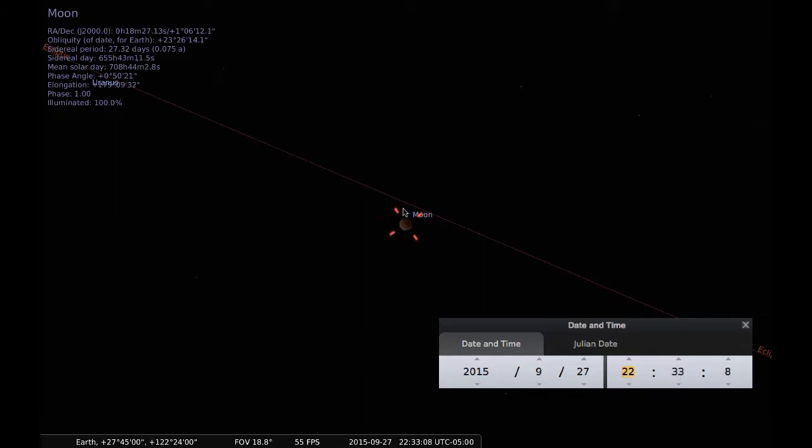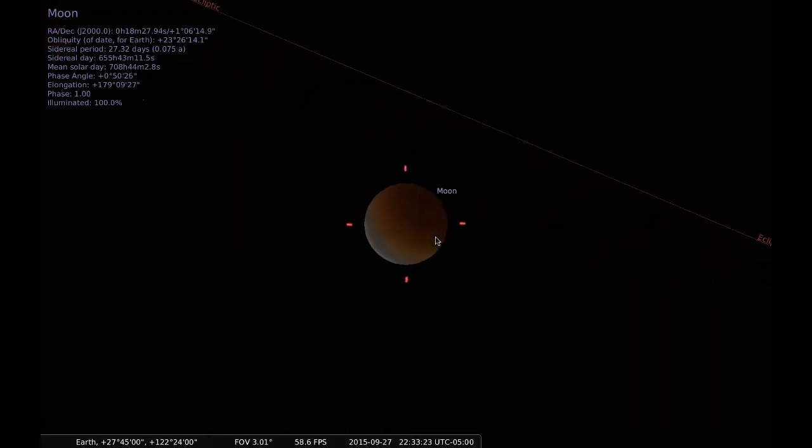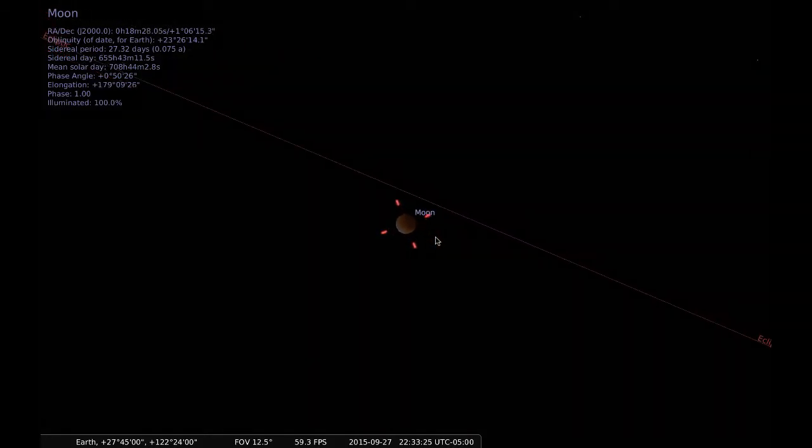This was that blood moon eclipse that we got at the end of September in 2015. It wasn't just a total lunar eclipse, but it was also a supermoon. So the moon was close to perigee at the time, so it had a bigger angular size than average.